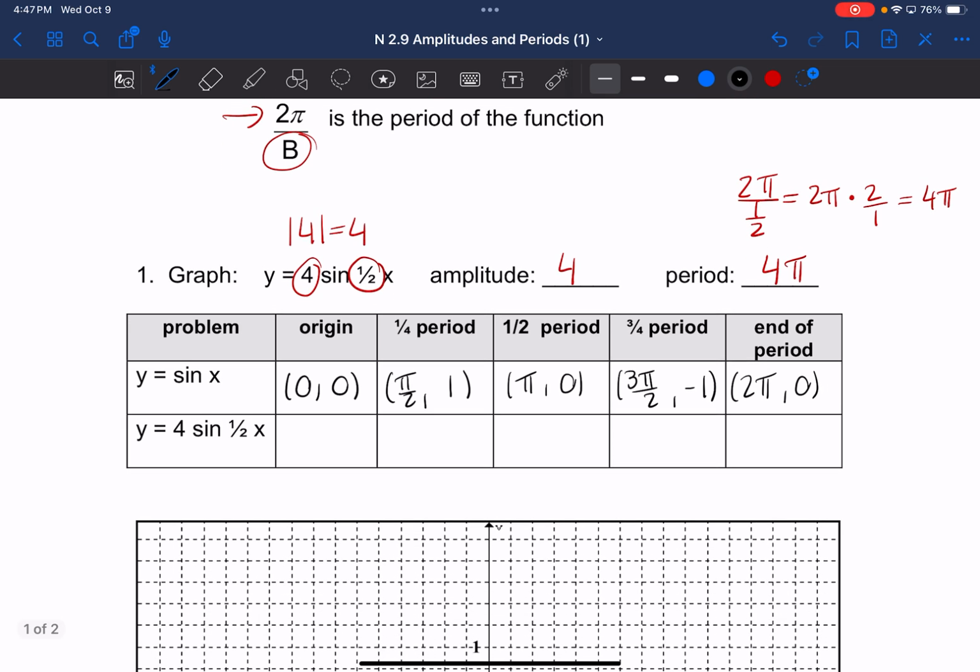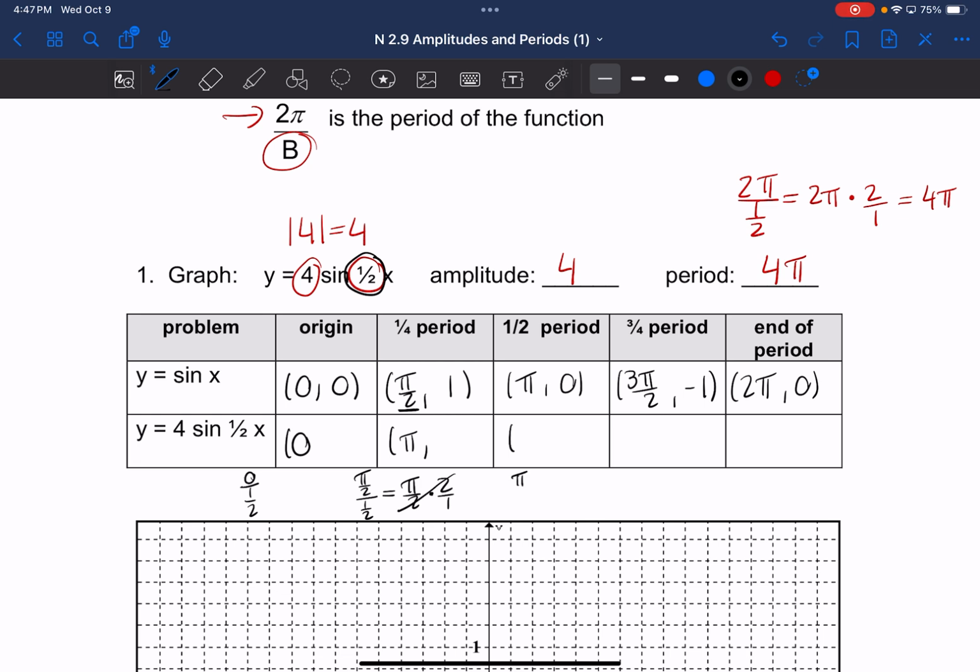So we said for our x values, we're going to be dividing by a half. So here I'd have 0 divided by a half. Well, 0 divided by anything is still 0. Here I'm dividing pi halves by a half. Again, we don't like a fraction in a fraction, so I'm going to keep, change, flip. Here my 2's are going to divide out, which is going to leave me with pi.